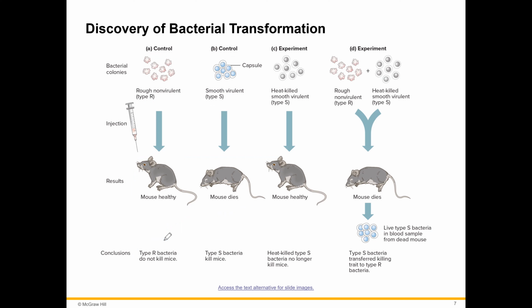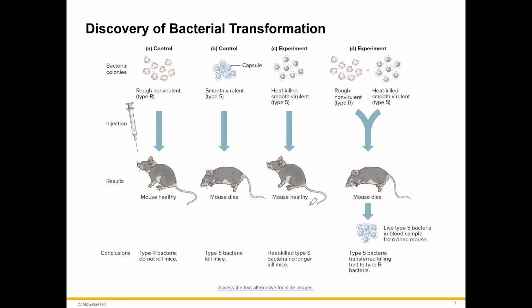Now look what he did. He heated type S bacteria, the one that is dangerous, and destroyed it. He pretty much killed it. So he killed the smooth virulent type S bacteria, injected it into a mouse, and the mouse stays healthy.